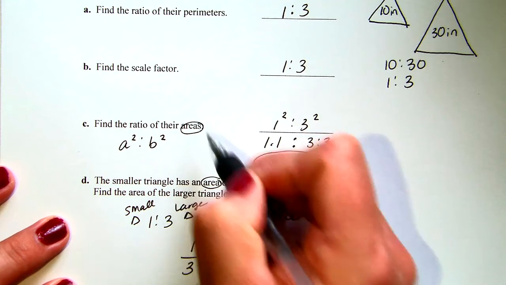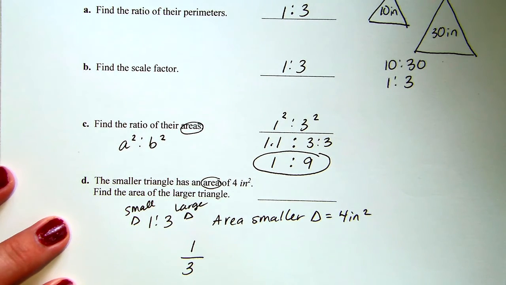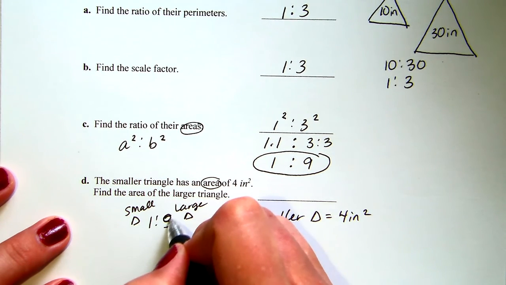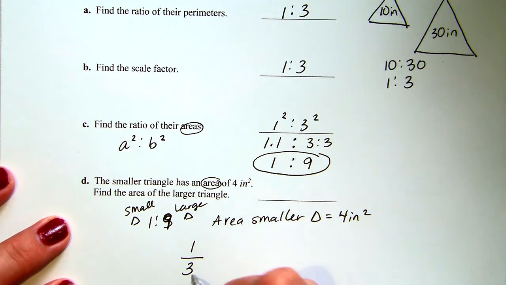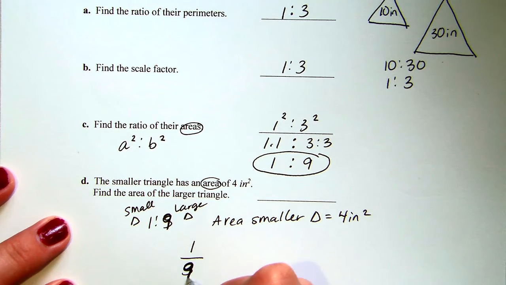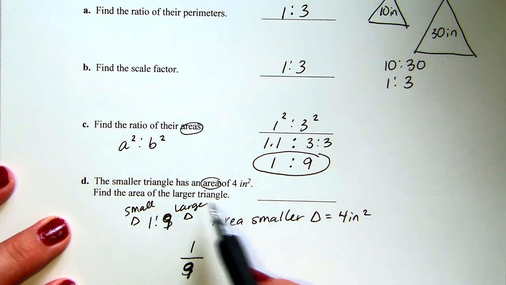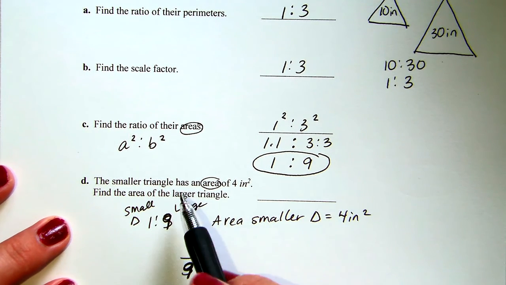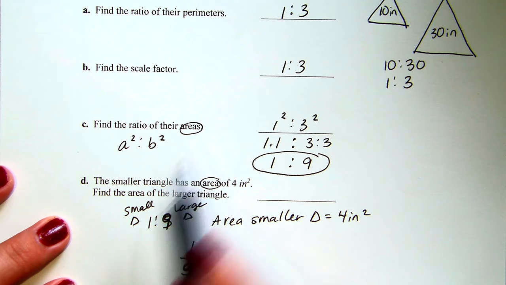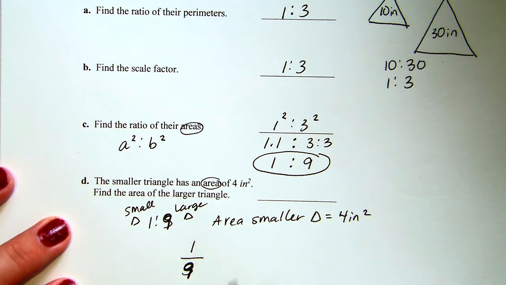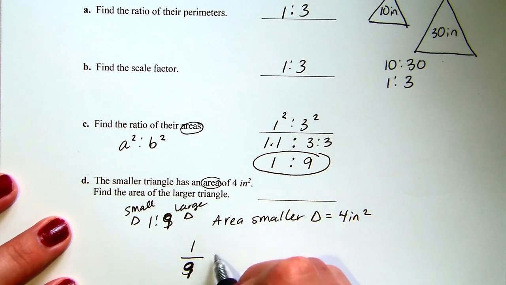I am very sorry about that. So once again, because we're finding the area of the larger triangle, we need to use the ratio of their areas. Okay? So this is 1 to 9, or 1 over 9, and we're going to set that equal to the area of the smaller triangle, which is 4. And what we need to find is the area of the larger triangle, so we're going to set that as x.